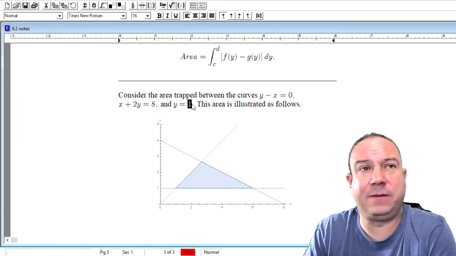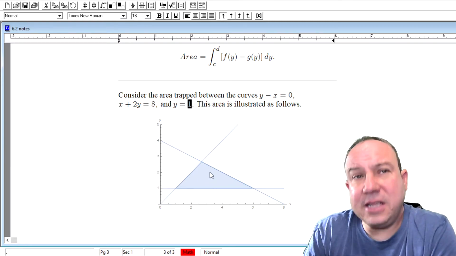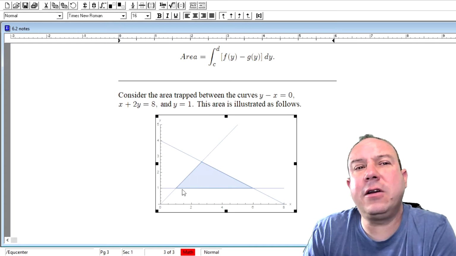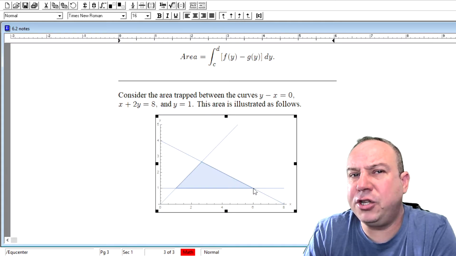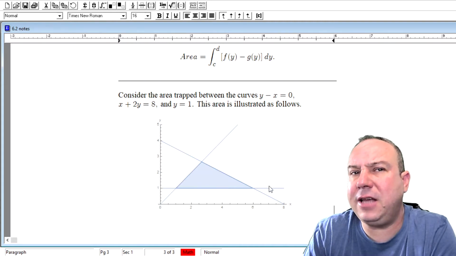In this case, we can consider this region of space forming in the vertical orientation, the more classical orientation, where we would calculate its area by finding all the infinite vertical distances between the top of this region and the bottom of this region.